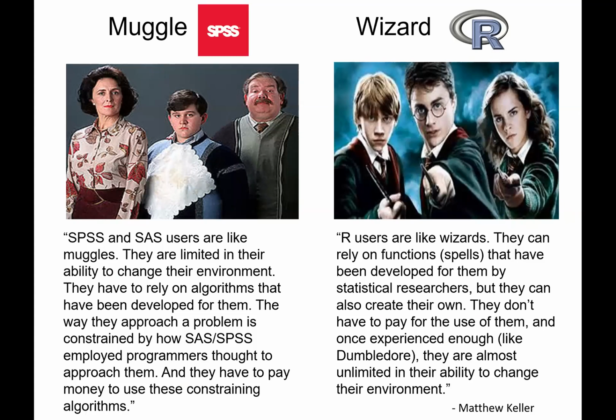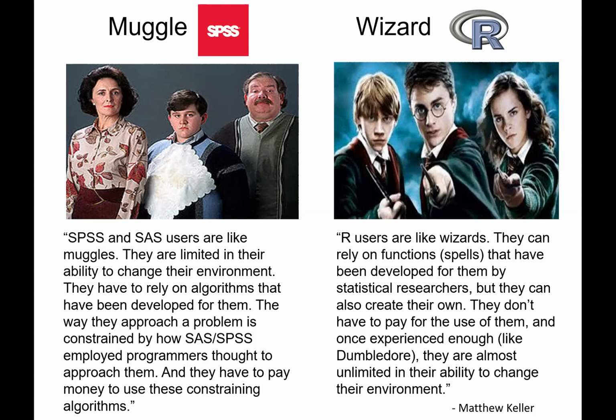They rely on the algorithms or functions developed for them. When there are new functions, we must wait for the SAS program to build the function into the software, and then we can use it. But the R users are like the wizards.